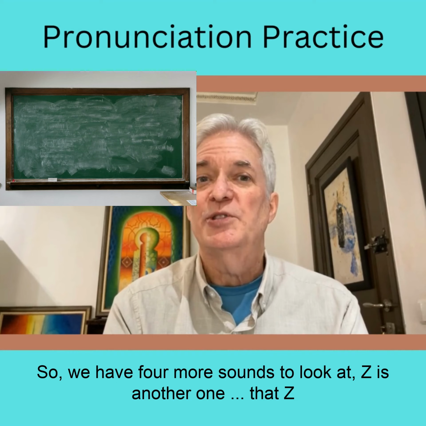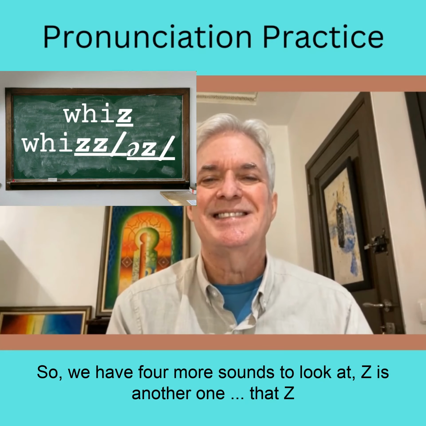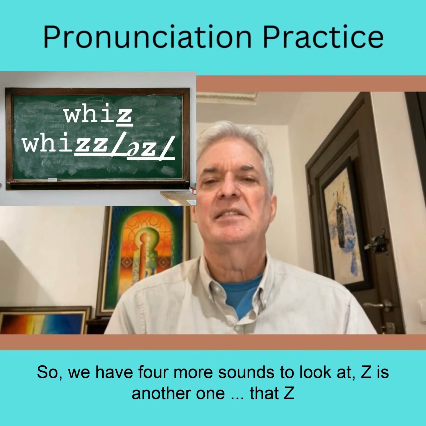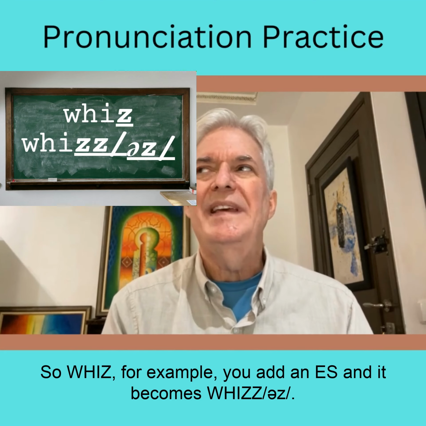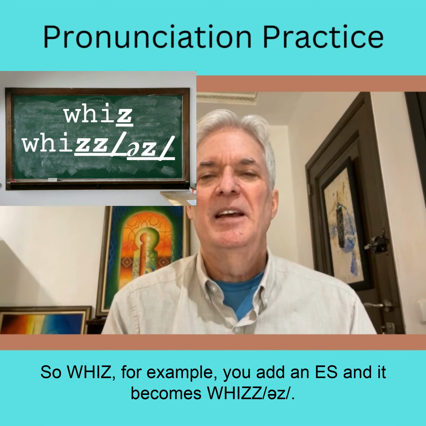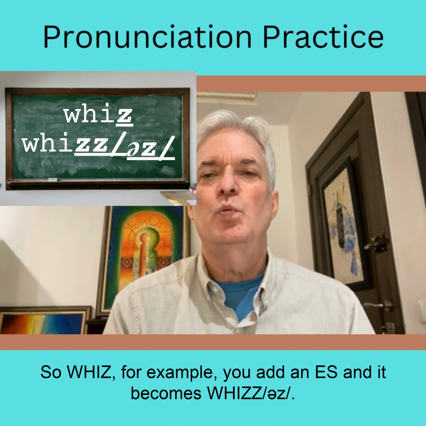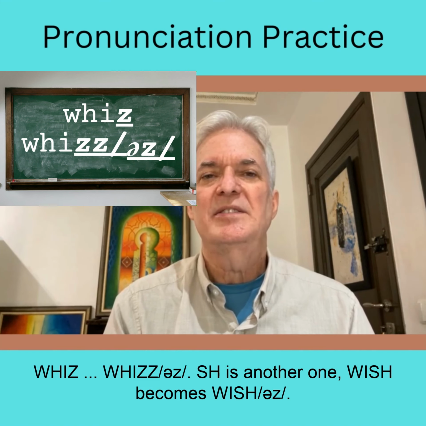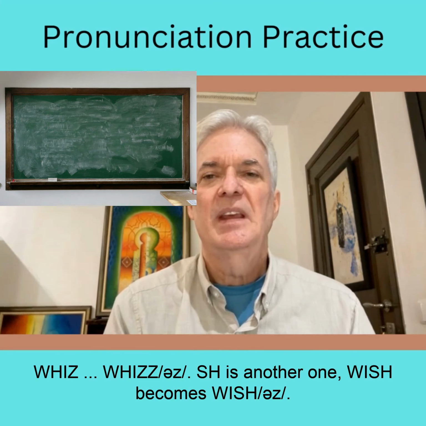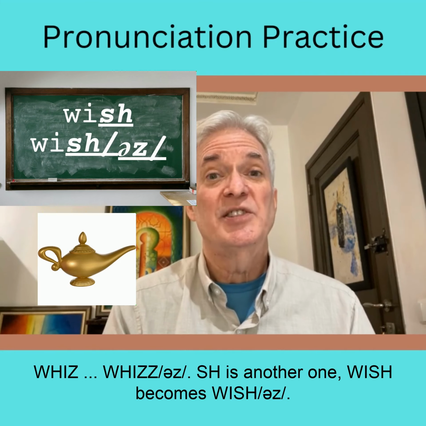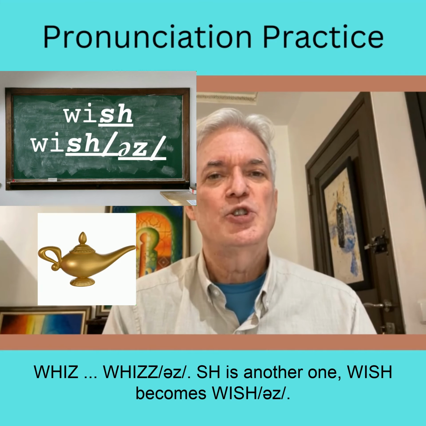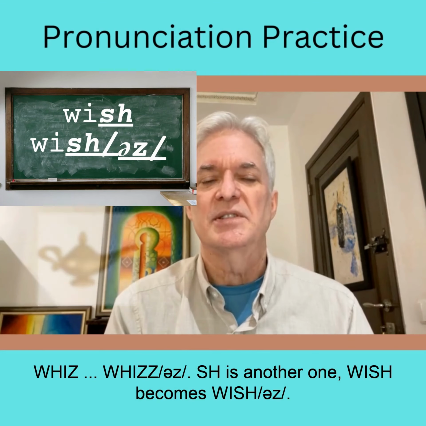So we have 4 more sounds to look at. Z is another one. So whiz, for example, you add an ES and it becomes whizzes. Whiz, whizzes. Sh is another one. Wish becomes wishes.